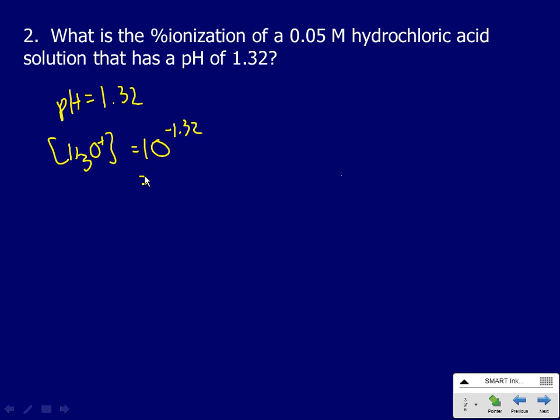You could actually put that right into the percent ionization equation. You could have 10 to the negative 1.32 on the top and then just divide off the concentration of the acid. You don't even need to do this in 2 steps, but it's good to do it in 2 steps. What do we have for a number for H3O plus?